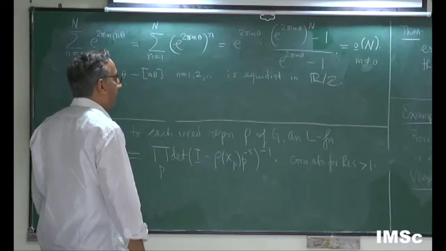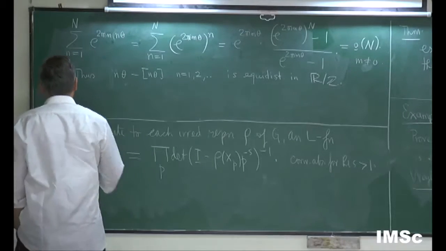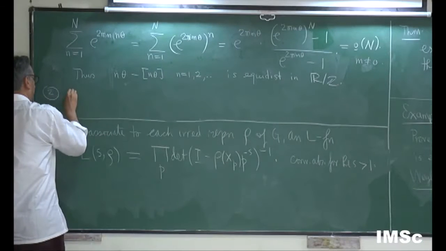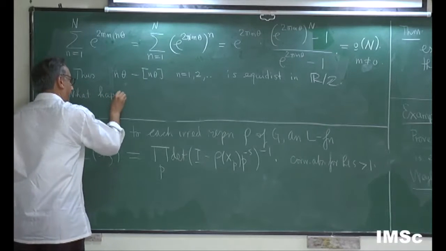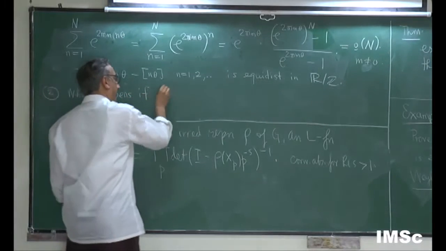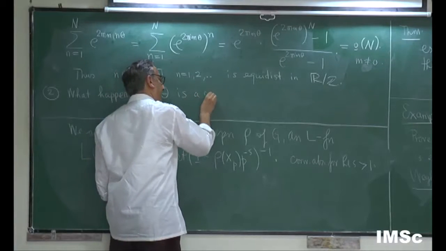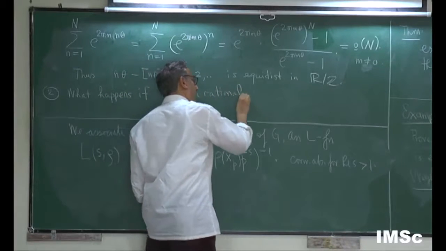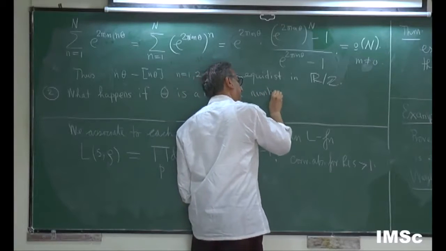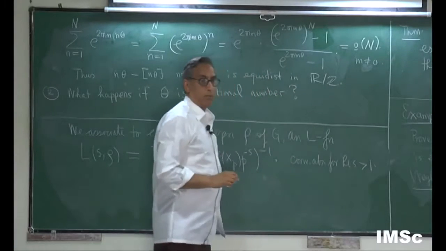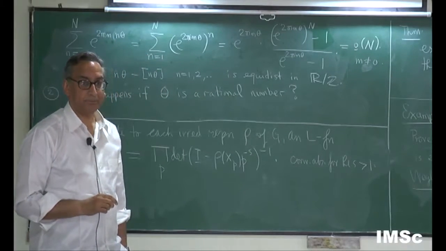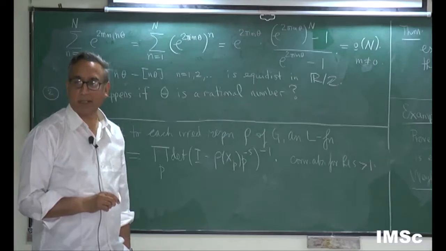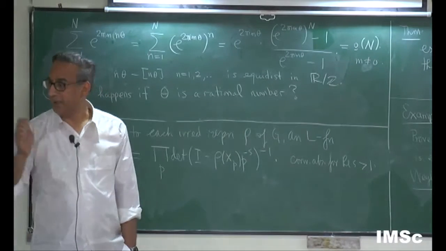Okay. What happens if theta is a rational number? Remember, Weyl's criterion says the thing is equidistributed if and only if the Weyl condition is satisfied.